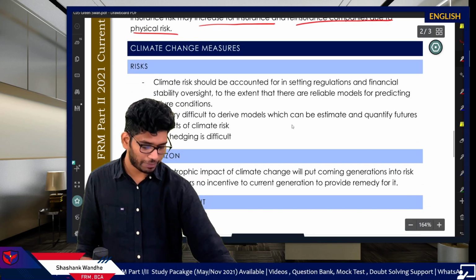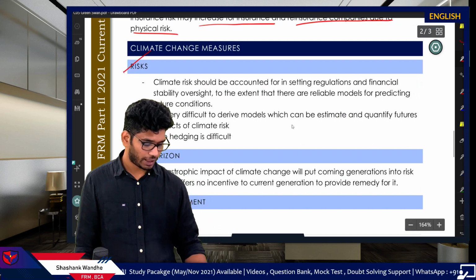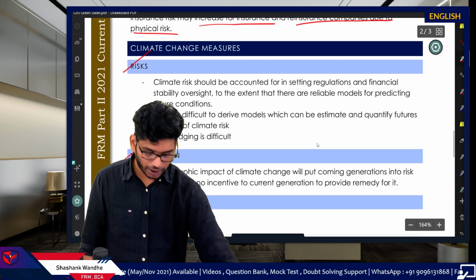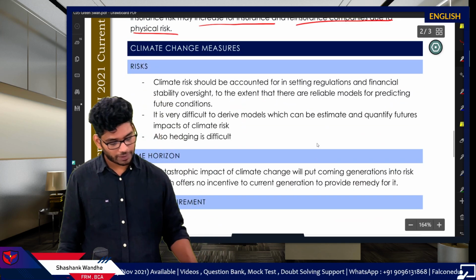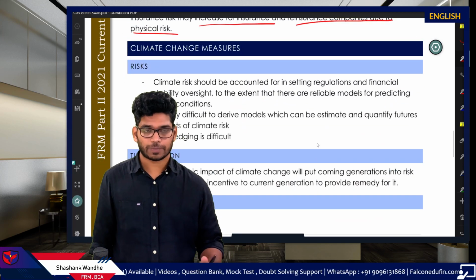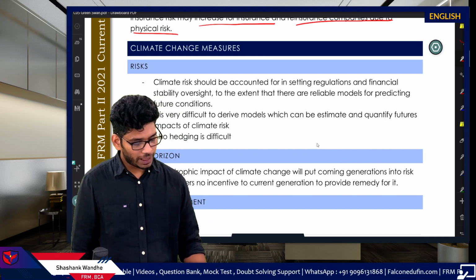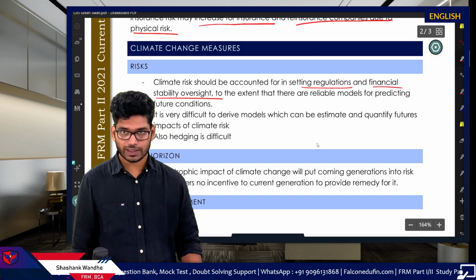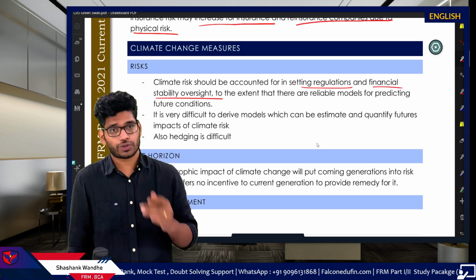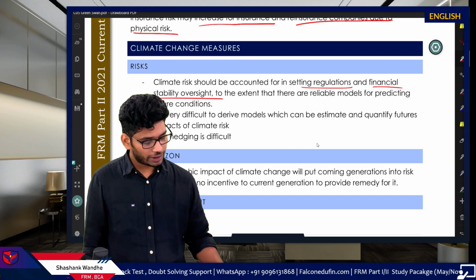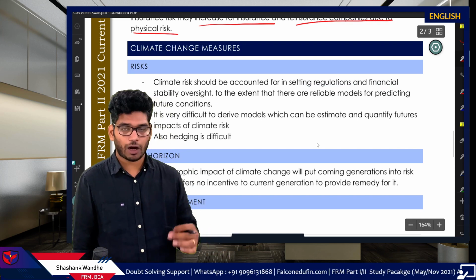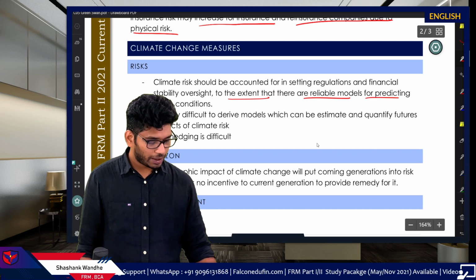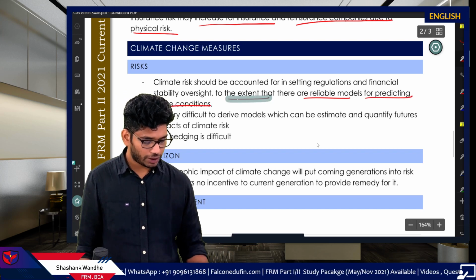Then we have the climate change measures: risk, time horizon, system requirement. You're supposed to remember the key points here. I will start reading the key points, and I will tell you if there is anything to explain. Climate risk should be accounted for in setting regulations and financial stability oversight. So this is the regulator's job. Regulators should step in and design the process which will account for climate risk, to the extent that there are reliable models for predicting future conditions.